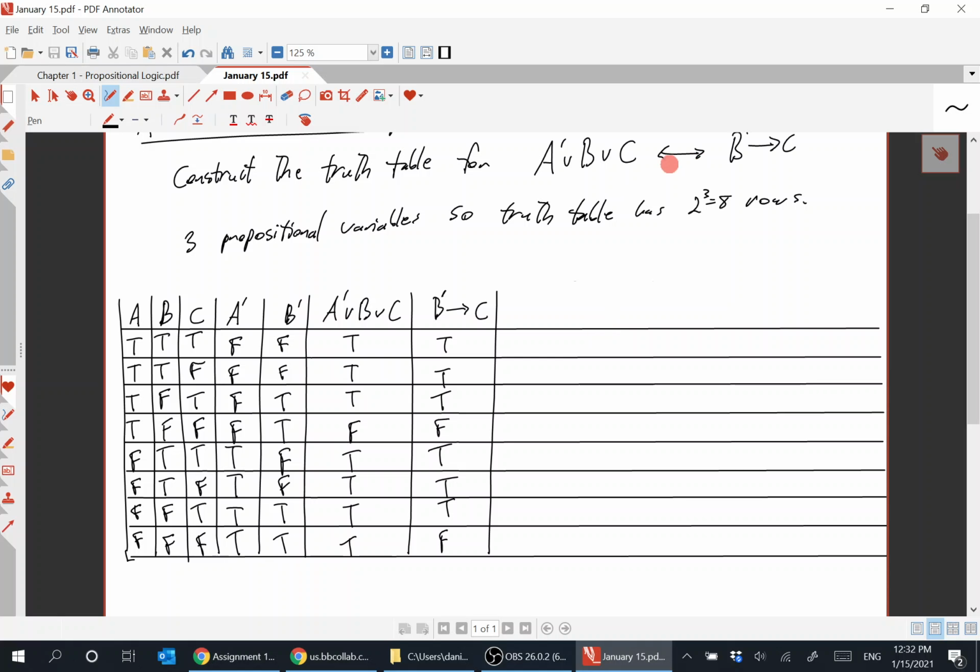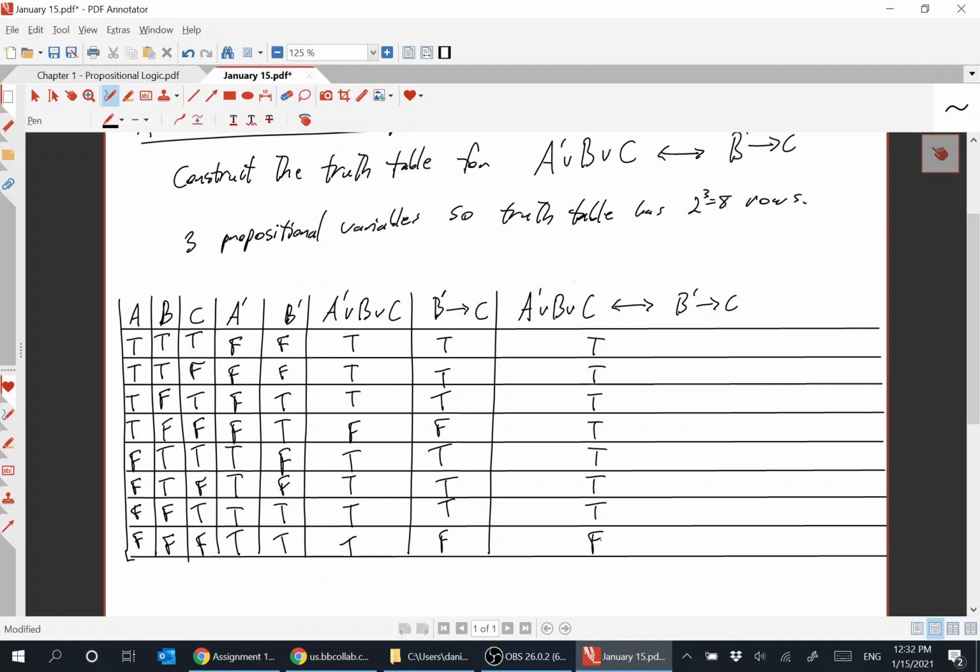So then the last column is just the full statement with the last connector: A naught or B or C, if and only if B naught implies C. This is true when the logical values are the same and false when the logical values are different. So true, true, true, true, true, true, true, false.